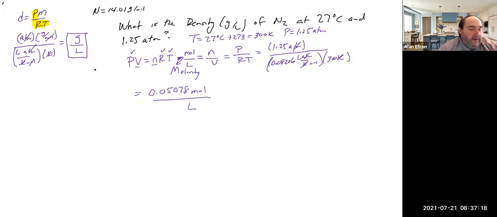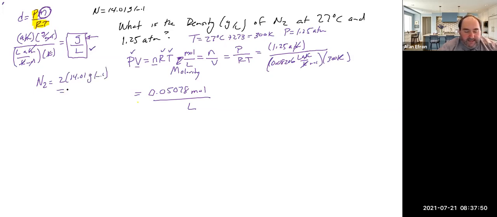So if we think about our density, we're almost there. We've got liters correct, but we do need to convert it into grams. At this point, it really is just a conversion factor. How do we go from moles to grams? We use the molar mass to do that. So we would need the molar mass of N2, which is 2 times 14.01 grams per mole.